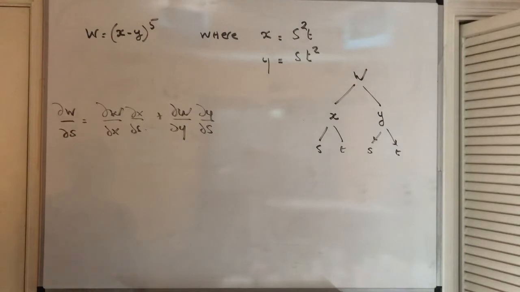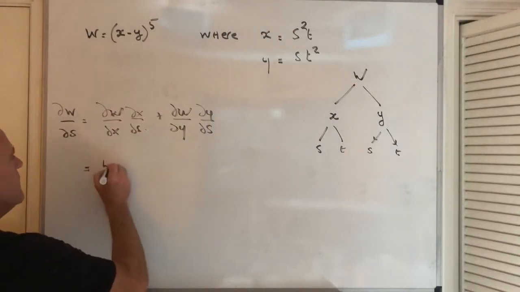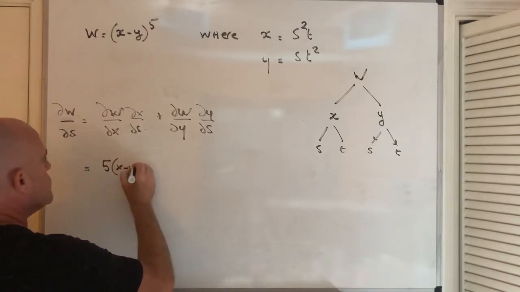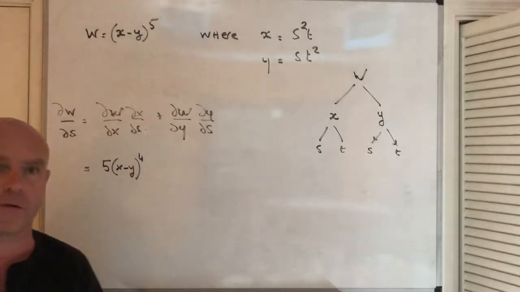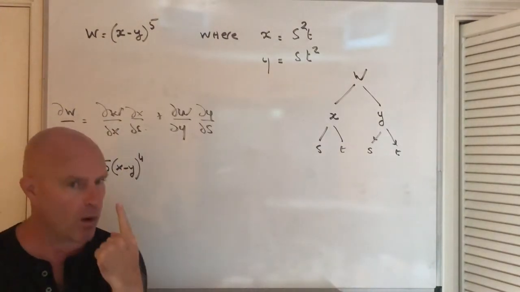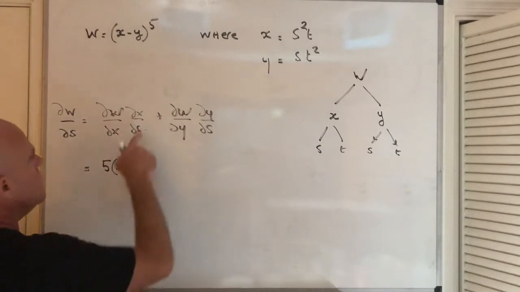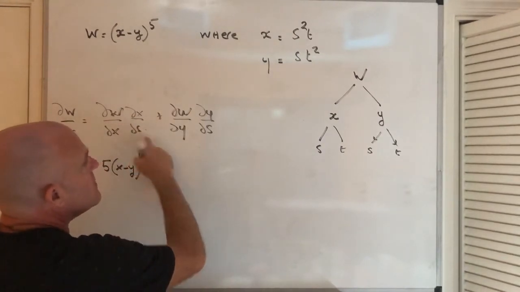Alright, so for this specific example, how can we simplify things here? You got 5, so dw over dx is simply 5 times (x minus y) to the power 4. Here I'm using the chain rule for a function depending upon one variable only, the chain rule and the power rule, in other words. Multiply by dx over ds. dx over ds gives me 2st.